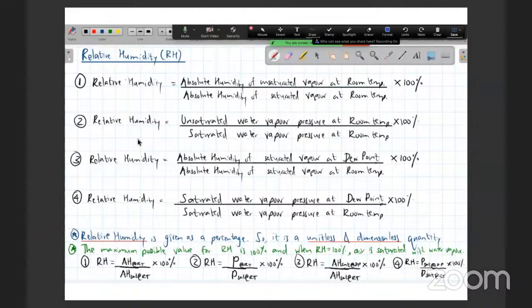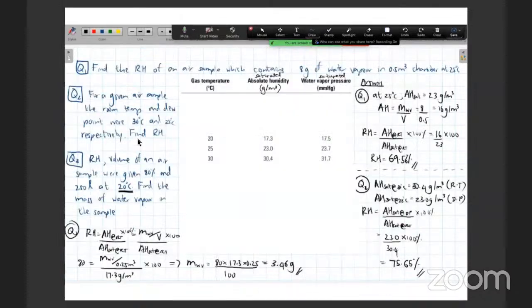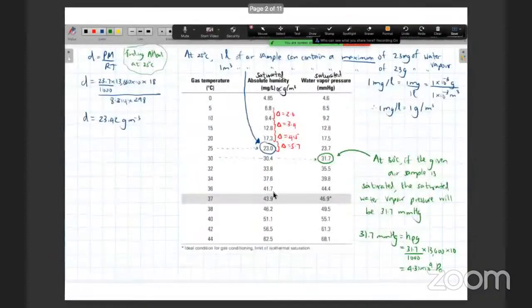In addition to that, we did certain questions about humidity, how we can use the equations we learned to find out relative humidity, and moreover dew point as well, because there were 4 equations we learned.